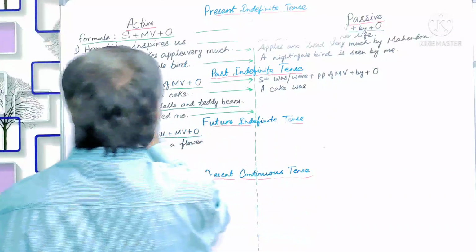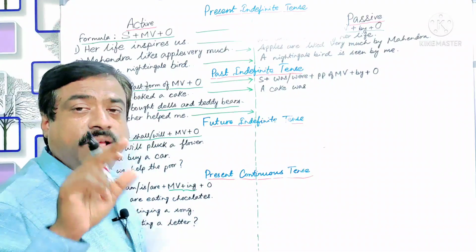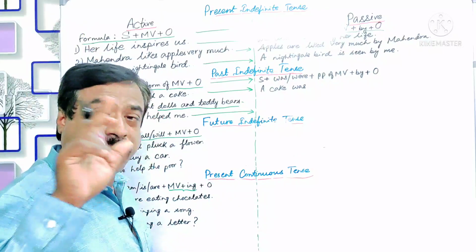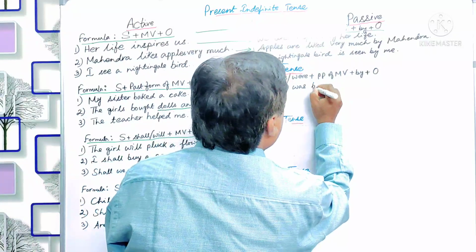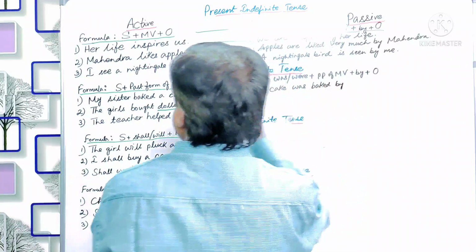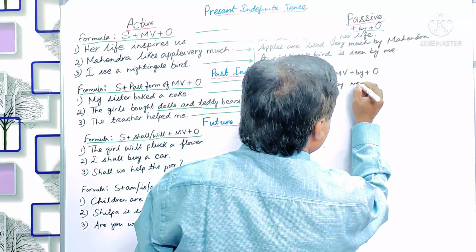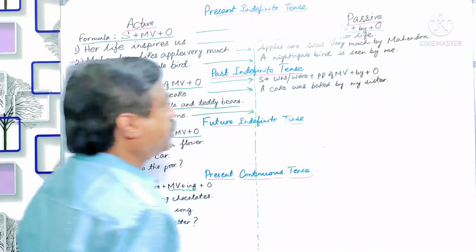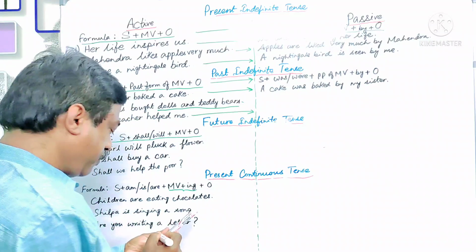The main verb here is bake, and in the past participle form it is baked. So you have to write baked, by whom? My sister. Finished. A cake was baked by my sister.